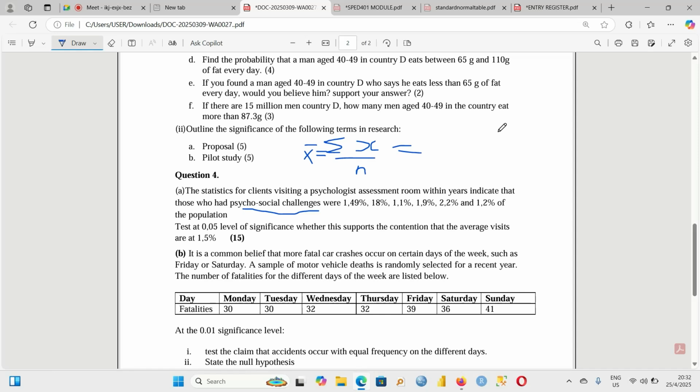I'm getting 25.89, divided by 6. The mean is 4.315.